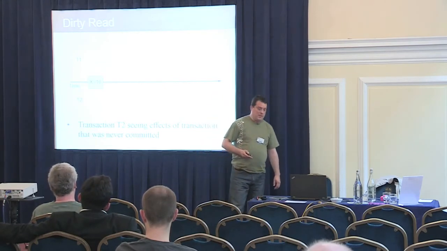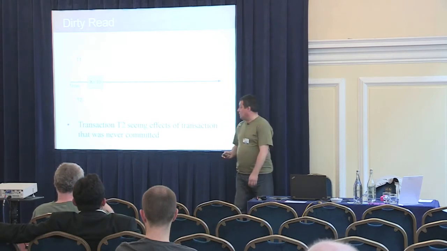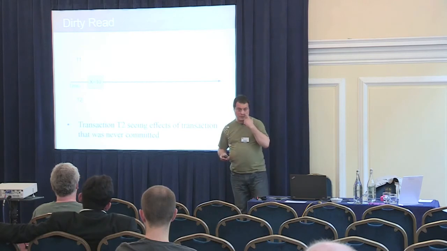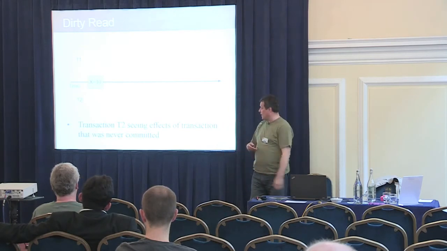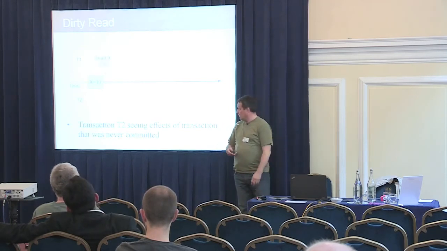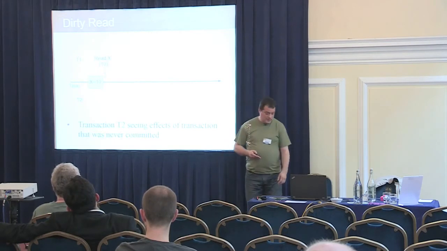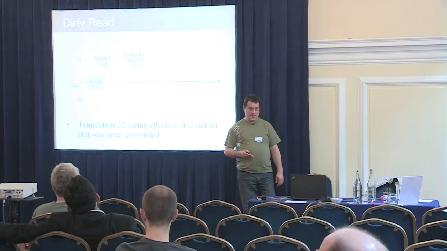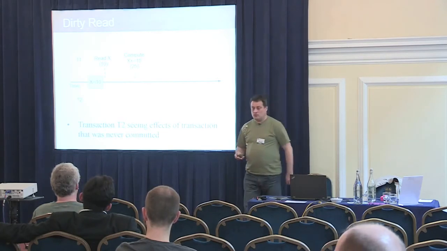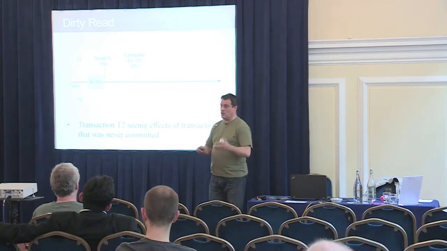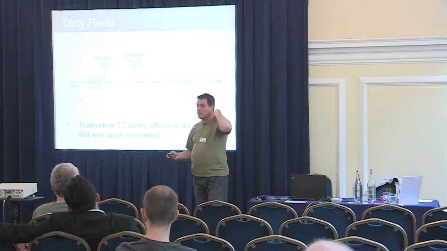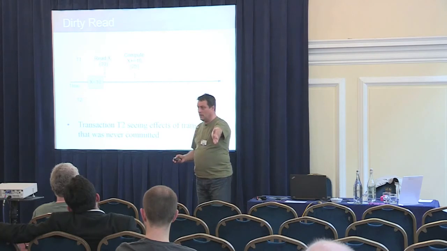The next problem is the so-called dirty read. We have again the same starting point: two transactions, a timeline, initial state x equals 10. Transaction 1 reads this x, and then transaction 1 updates this x. Because we are in a relational database management system, because we do care about data integrity, transaction 1 puts an exclusive lock at this moment on this object.